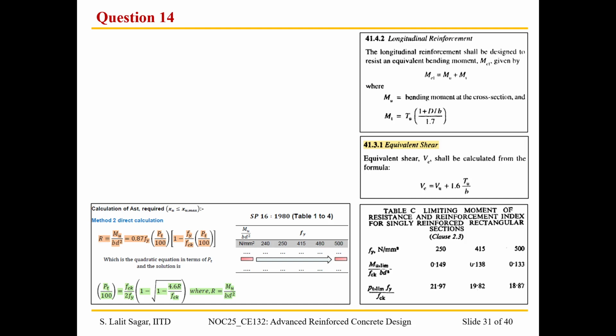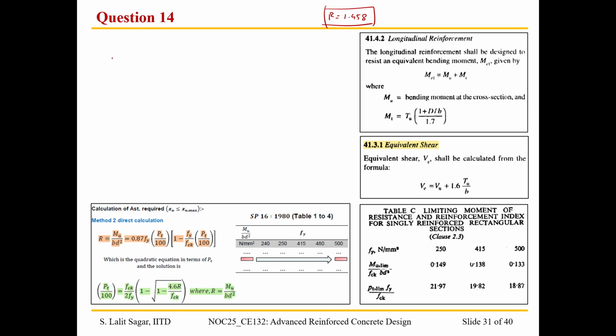Okay, so once we get the value of R is equal to 1.458, I'm going to write it here. We can use many different ways of determining the area of reinforcing steel. I'm going to solve it using the direct calculation method, which we looked at in the previous class.